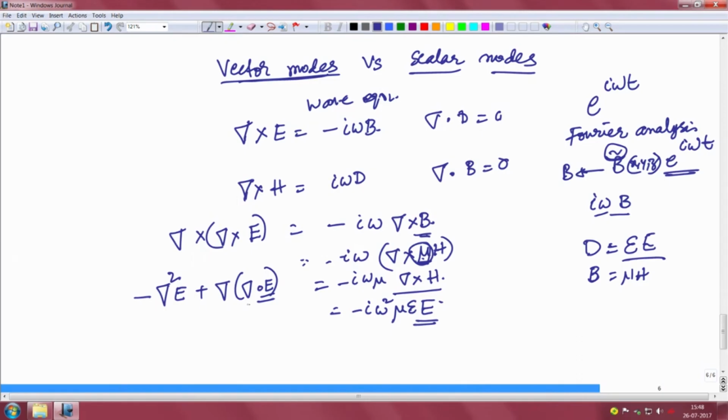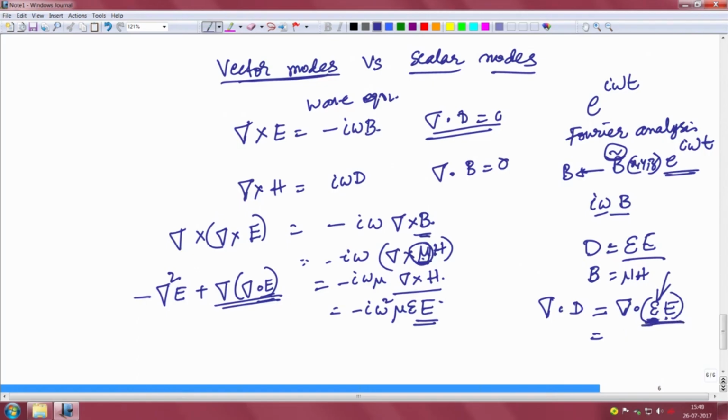We can further simplify by using this equation. For example, I can replace del dot D with del dot epsilon E, and of course, if epsilon is a constant, the medium properties are constant, we can remove it out. But as you know, for graded index waveguides and many problems, epsilon is not a constant, and so we cannot remove it.